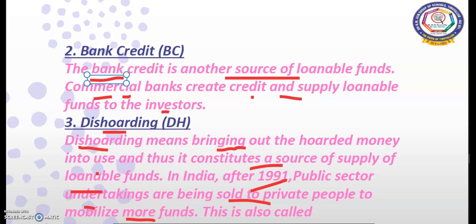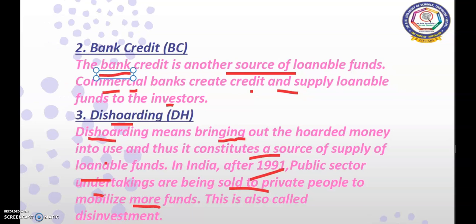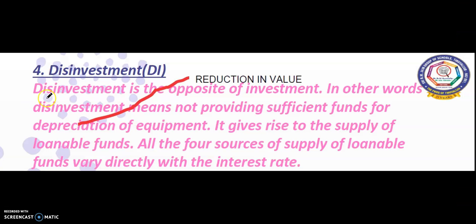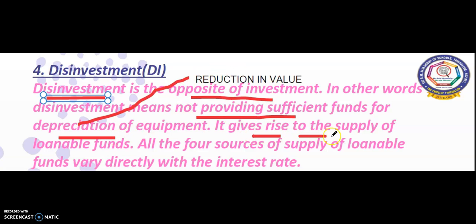This is also called disinvestment. Next one, disinvestment. Disinvestment is the opposite of investment. In other words, it means not providing sufficient funds for depreciation of equipment, that is reduction in value, and it gives rise to the supply of loanable funds.